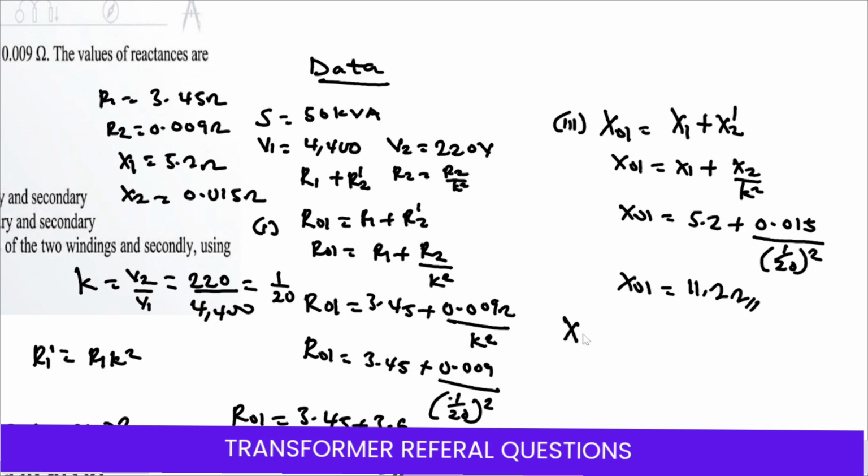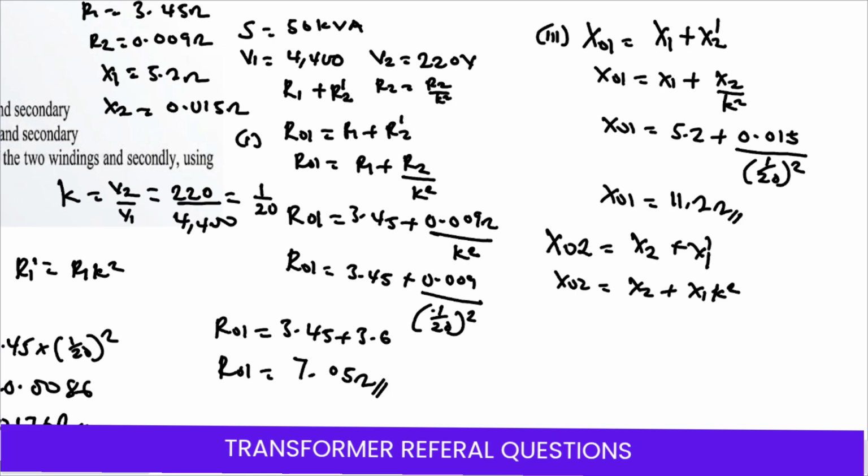Now we said we find it for both primary and secondary. That means we have to get X02 too, which means we are doing the referral at the secondary. So X2 is there already, and we are now bringing X1, and because it's referred, we prime it. So X02 is the same as X2 plus X1 multiplied by K squared.